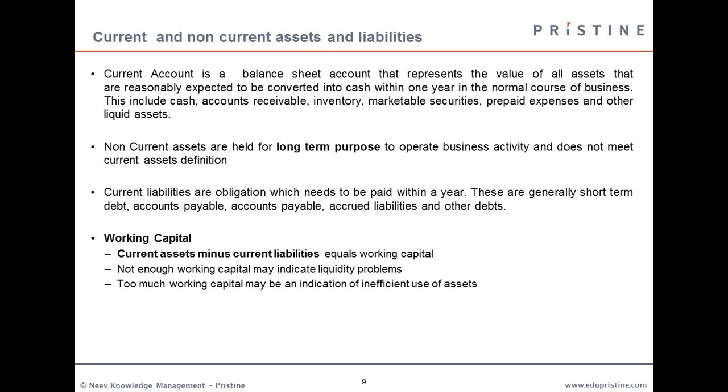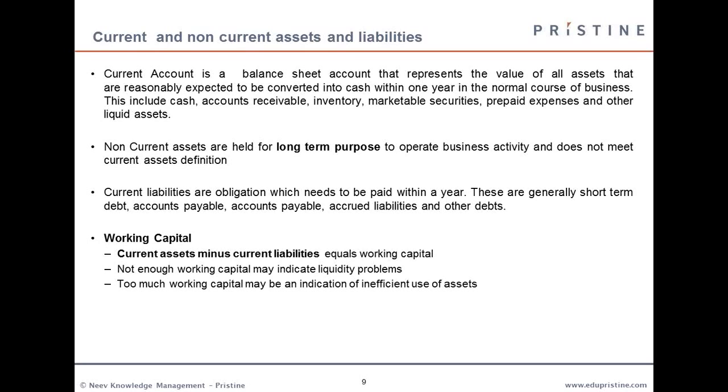Now we have this term working capital. What this basically means is the difference between the current assets and the current liabilities. It shows how effectively we are utilizing the current assets, that is, the cash and cash equivalents. Are we able to pay for the current obligations that we have?